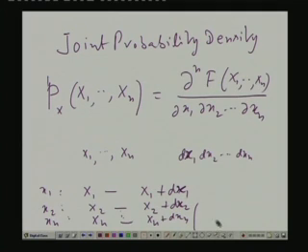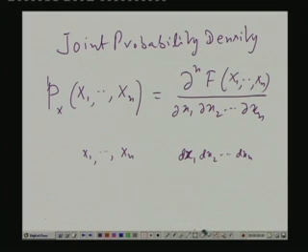The probability of these variables lying within that hypercube together will be given by, just a minute, that will be given by, I am dropping the subscript, this times dx1 dx2 dot dot dot dxn.